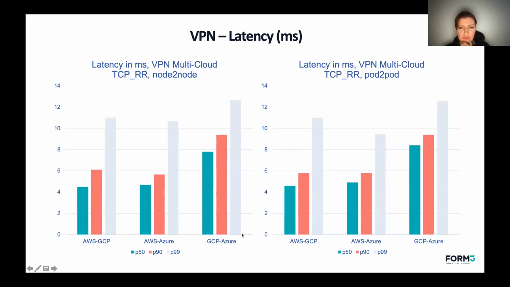That's for node to node, and this one is for pod to pod. There is no difference between node to node and pod to pod. That's good. It means that the Kubernetes overlay network doesn't introduce overhead. We see that respective latencies are in line, so it's good that Kubernetes is not a problem for us.